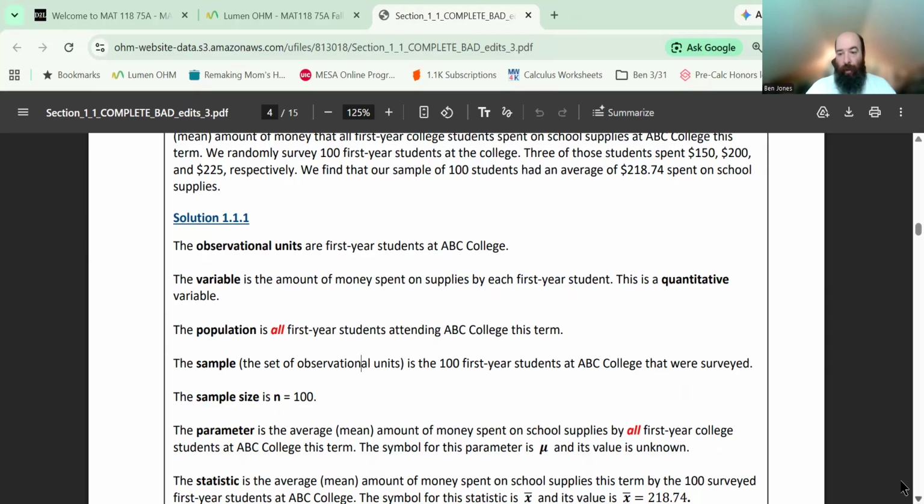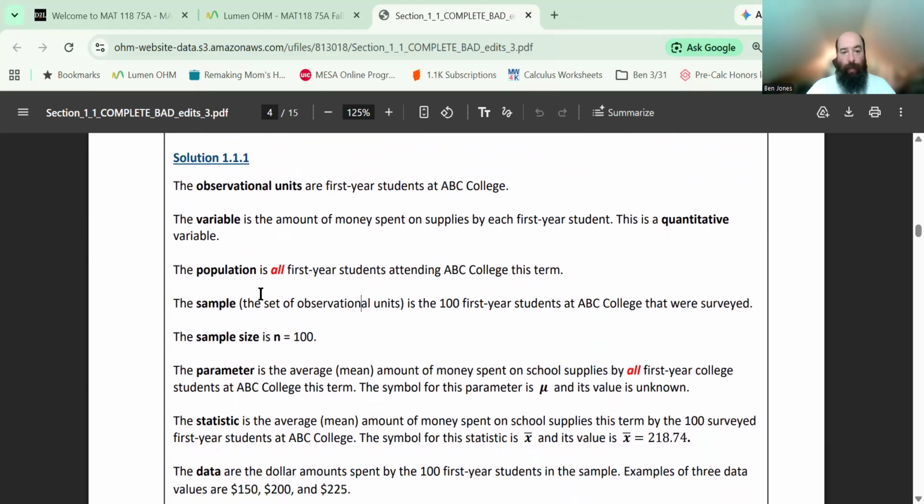This is an unknown number because we did not measure something on all of the first-year students. The symbol for this is the Greek letter mu. In general, parameters will have Greek letters as their symbols, at least in this course. So mu is our population mean, and the Greek letter pi, which you probably used for 3.14 in geometry classes, is going to be used for a population proportion.